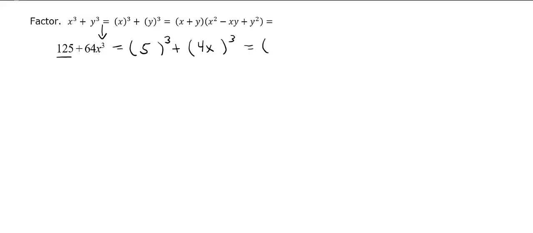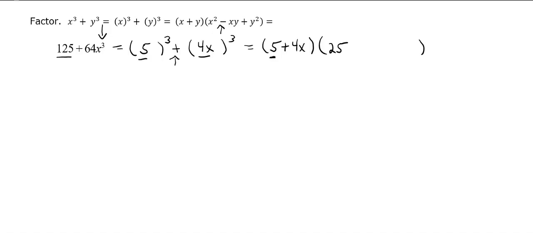So remember, those together make up our first factor, 5 plus 4x. Now we use that to finish the factoring. The first term, we multiply 5 times 5, which is 25.